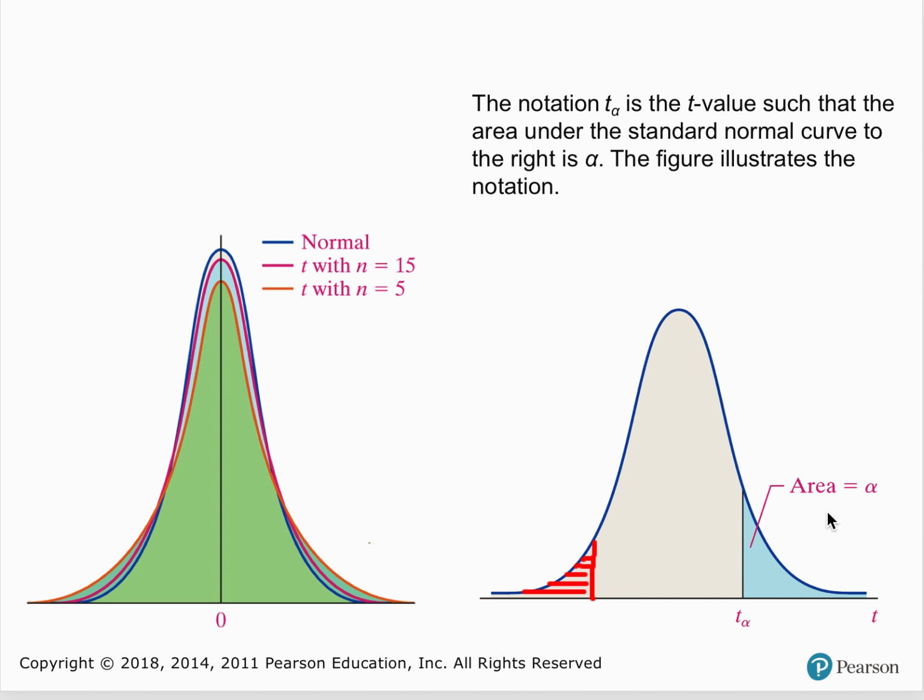Okay, well, similarly, we've got t sub alpha, but it gives us the area to the right. Okay, the area to the right. So the shape of the t distribution depends on the sample size. Therefore, the value of t sub alpha depends not only on alpha, but the degrees of freedom, n minus 1.